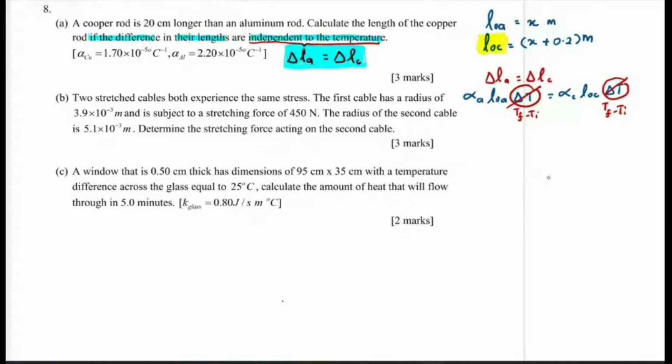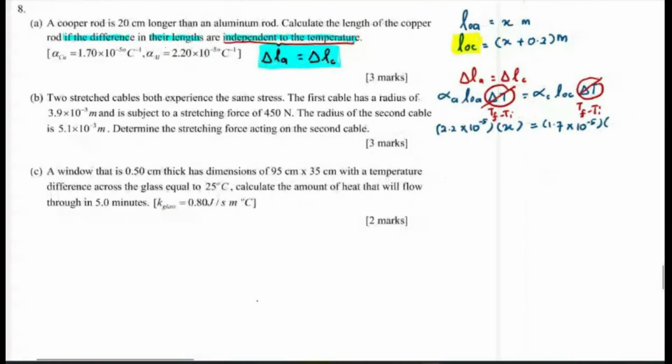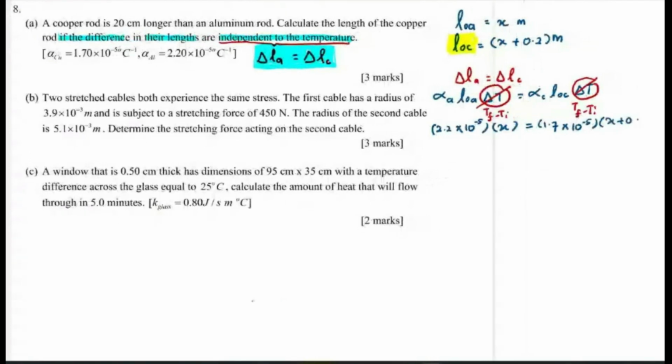So, coefficient of linear expansion for aluminium is given. L0 dia kita tak tahu, kita letak X saja. And then for copper, we have 1.7 exponent negative 5, and then this one should be X plus 0.2. Soalan bila kita cari L0C yang saya highlight dengan warna kuning ni.